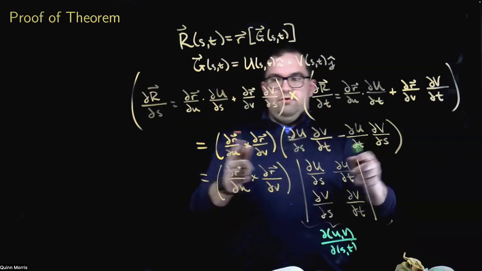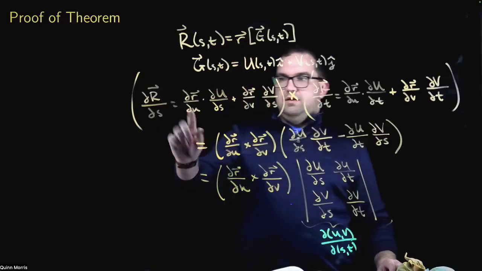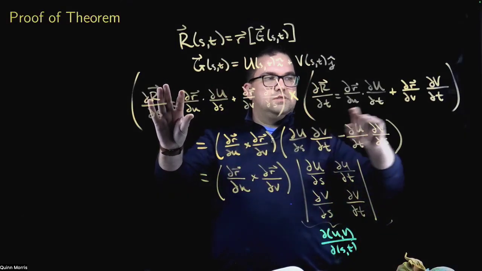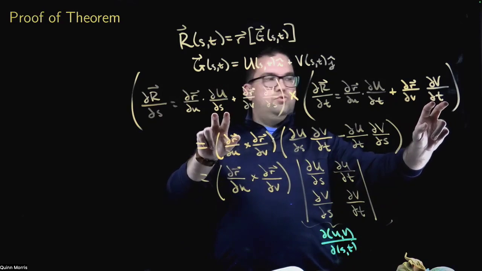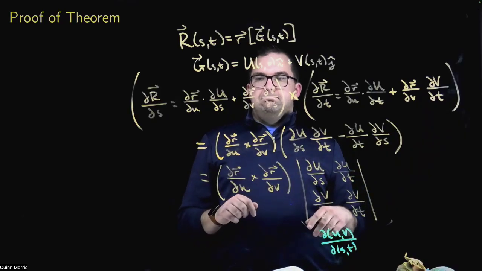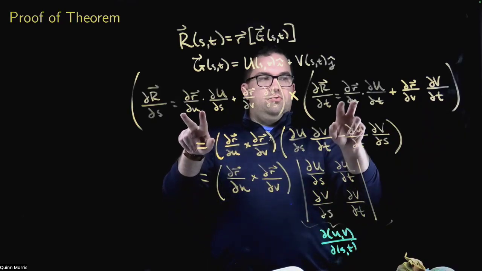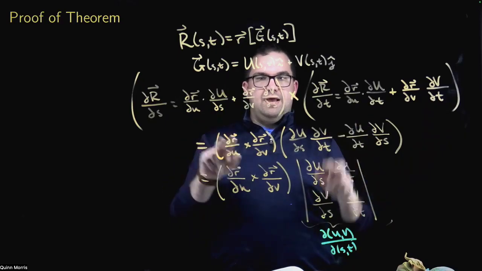And from here to here, let me point out, you're going to get a dr du cross dr dv, and there you'll pick up a du ds dv dt. Then you're going to get a dr du cross dr du, but the cross product of a vector with itself is just 0, so that goes away.